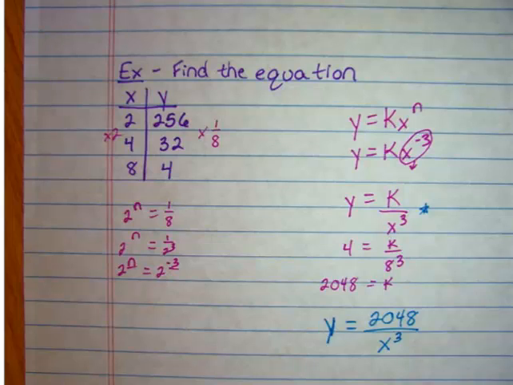Again, this is a variation. It's an inverse variation. That is important to know, the difference between direct variation and inverse variation. And this is how you find your equation. So practice a couple of these. Make sure you're comfortable with them because we're going to work with these in story problems as well. We're going to do the real world part of it. And you have to make sure that you're comfortable doing the variation equation.